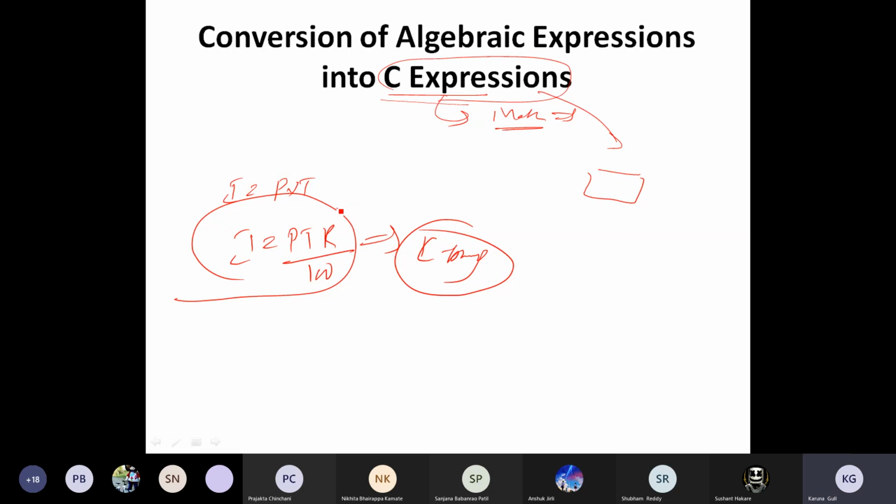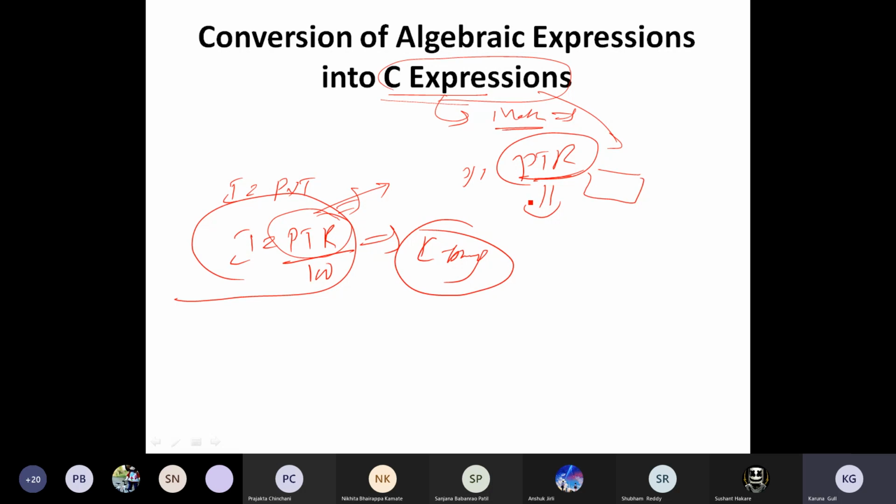Students will make this kind of mistake, because the compiler assumes PTR is one simple variable, since a variable name can be anything. You have written PTR, so it will assume it as one variable and ask you to enter the value for this particular PTR. It is not treating it as separate P, T and R. You have to explicitly tell all these things.